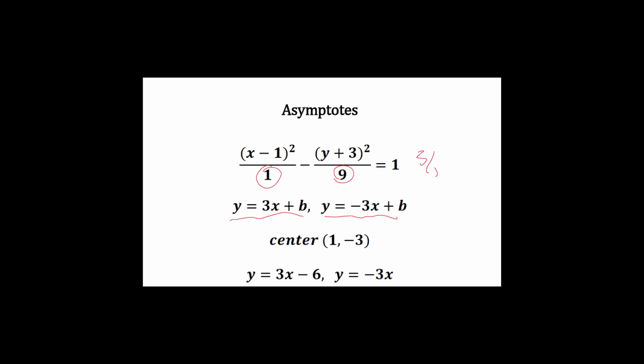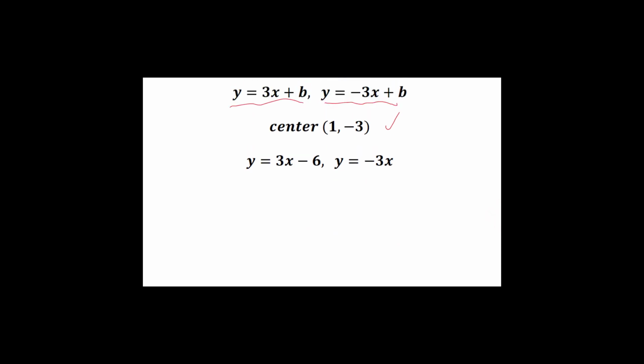You always have to be careful: although we always call these a squared and b squared, you have to be careful about the slope. The slope is always the term under the y in the numerator. So it's 3x plus b and minus 3x plus b. Well, you have a point, you have a center. So if you plug the center into those two equations, you should get your asymptotes.